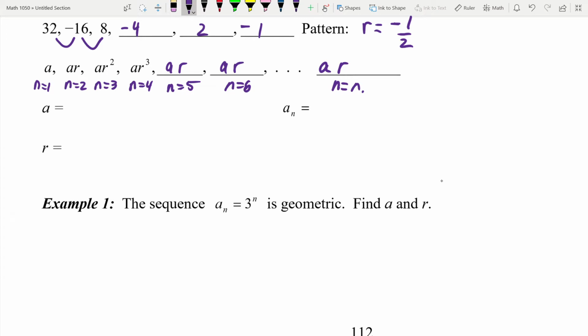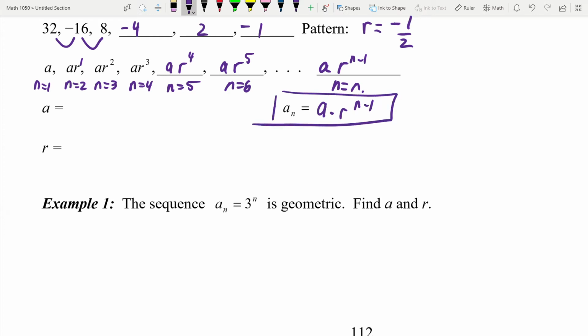Look, if N is 2, your R has an exponent of 1. 3 is 2, 4 is 3, 5 would be 4. And if N is 1, then there is no R. So what's the exponent of the R going to be? It is N minus 1. Good. So right here, A sub N equals A times R to the N minus 1.